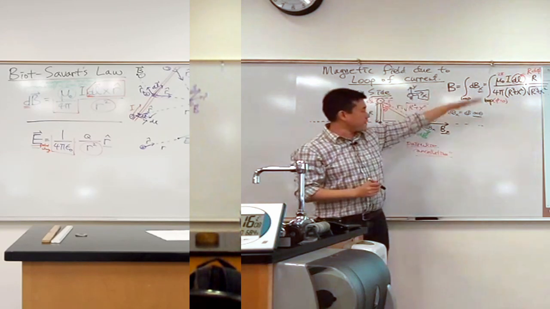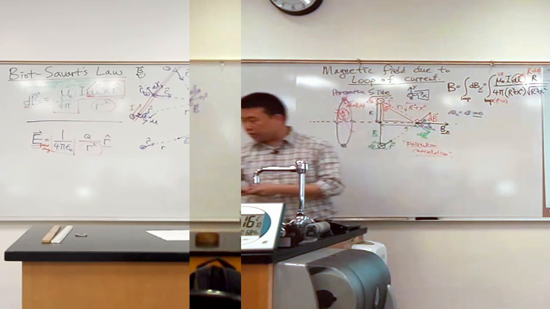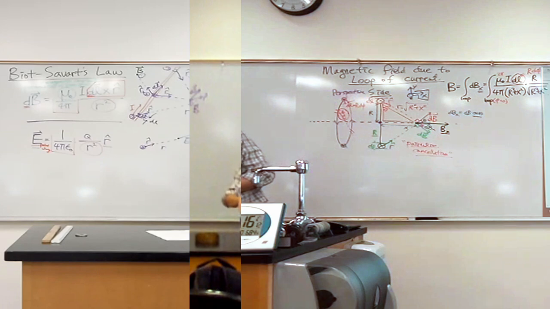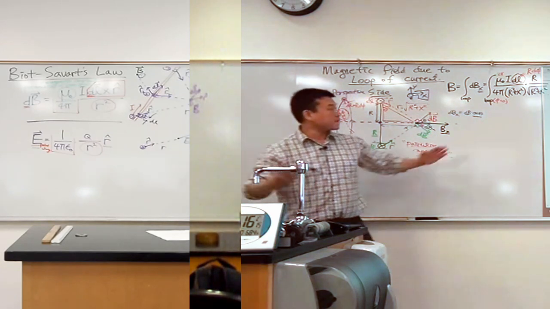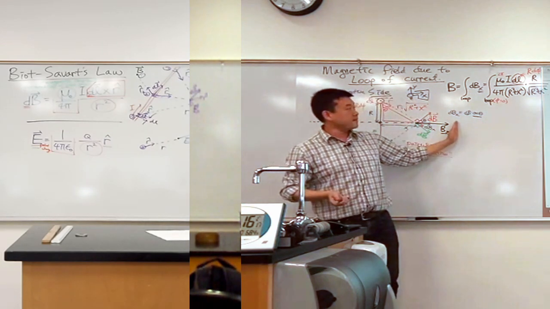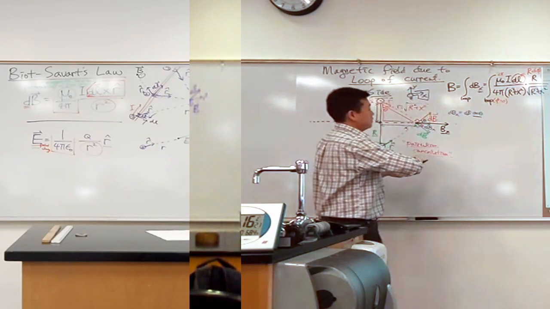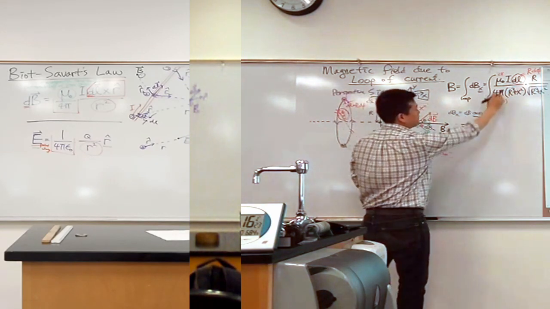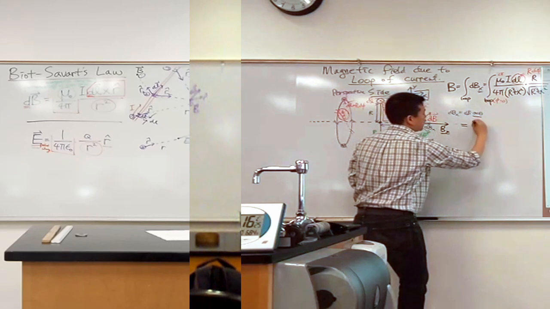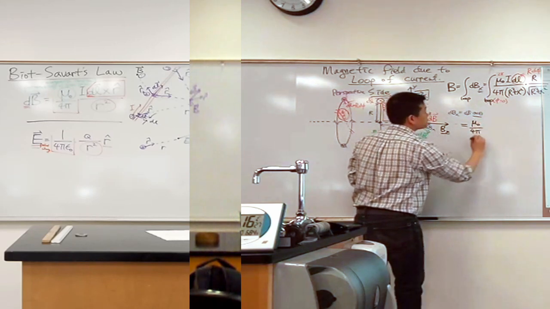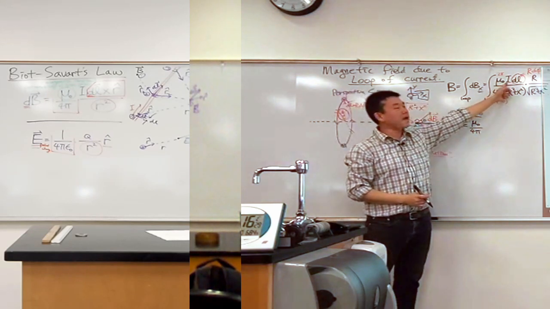So let me write all of that out here. And I'm going to skip one step and factor out in front anything that doesn't depend on phi. Okay? So this whole thing is equal to, let me pull out all the constants, mu naught over 4 pi. Does I depend on the angle phi?